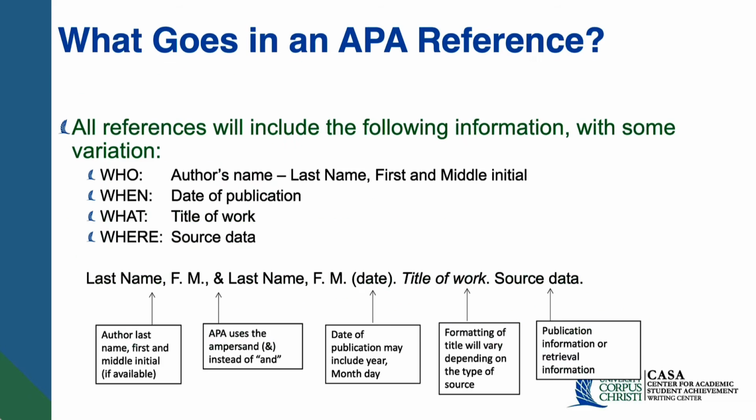So let's take a look at what goes into an APA reference. The reason we have a references page is to ensure that your audience can find where the information came from. Let's say theoretically you're writing a paper on developmental education in low socioeconomic school systems.